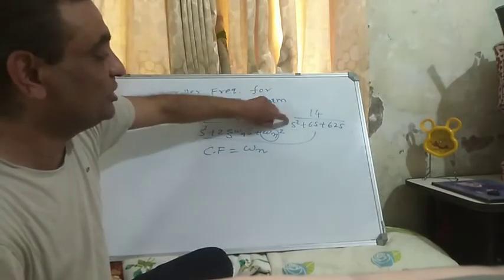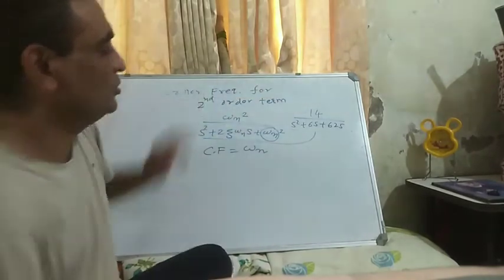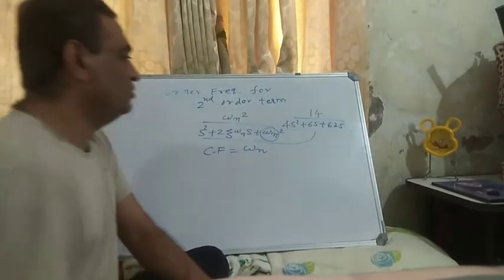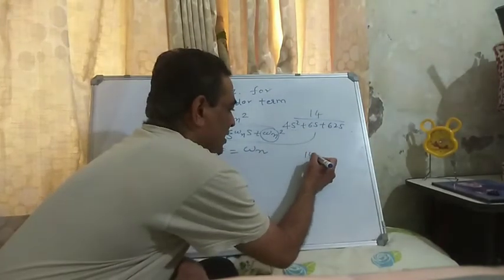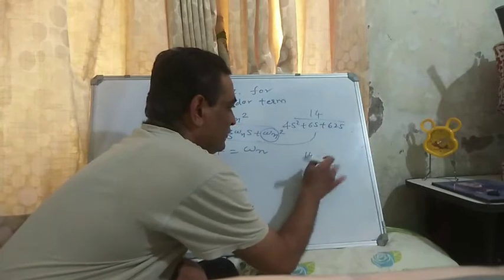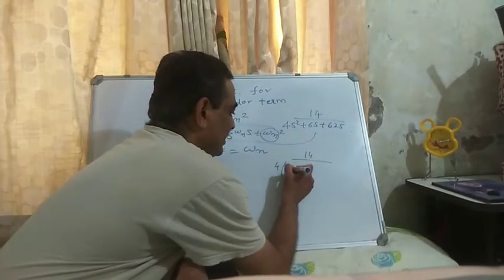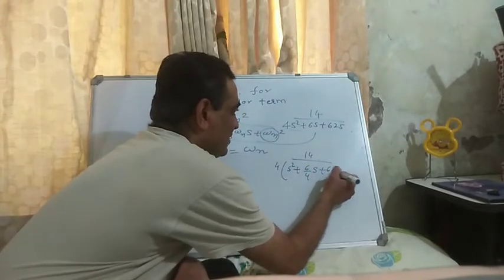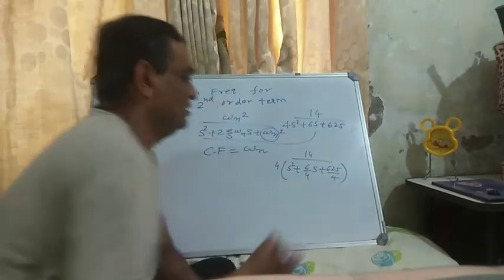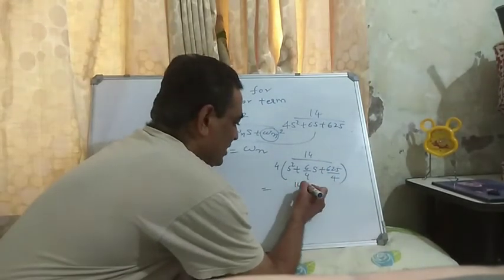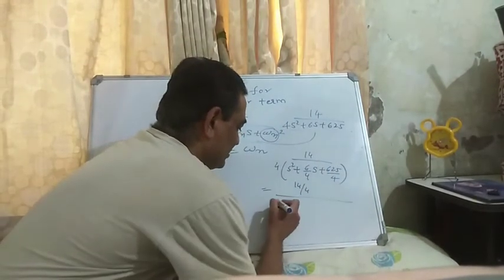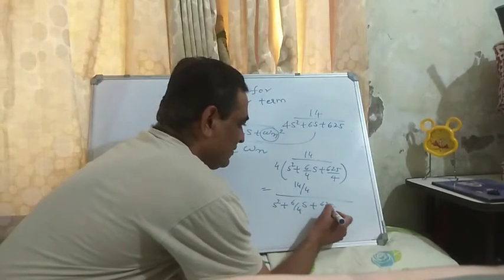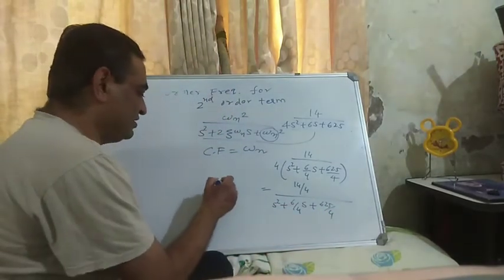If there is a 4 here, you need to take 4 common. So 14 by 4, taking 4 common, then s square plus 6 by 4 s plus 625 by 4, and this is equal to 14 by 4 divided by s square plus 6 by 4 s plus 625 by 4. So now you can compare.